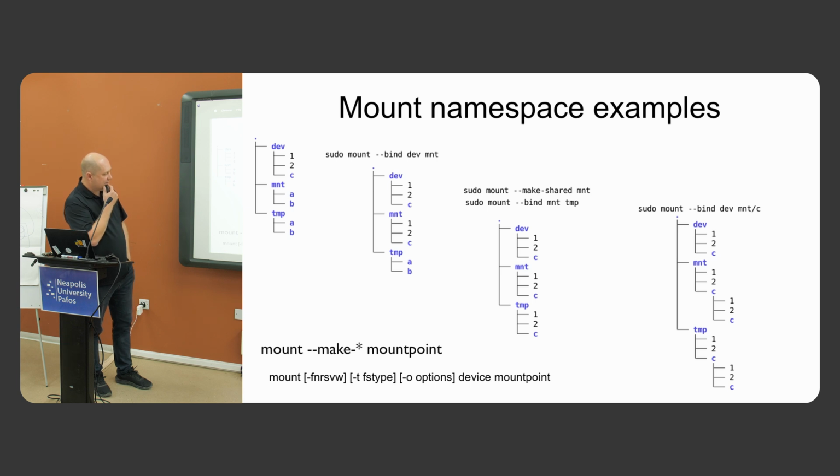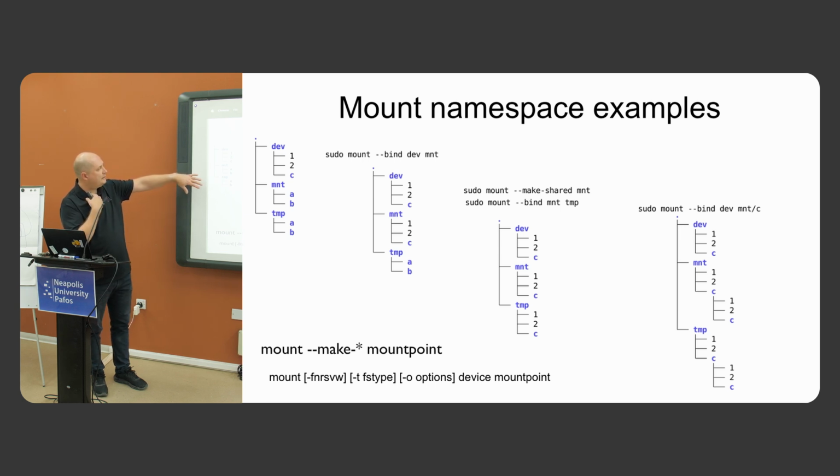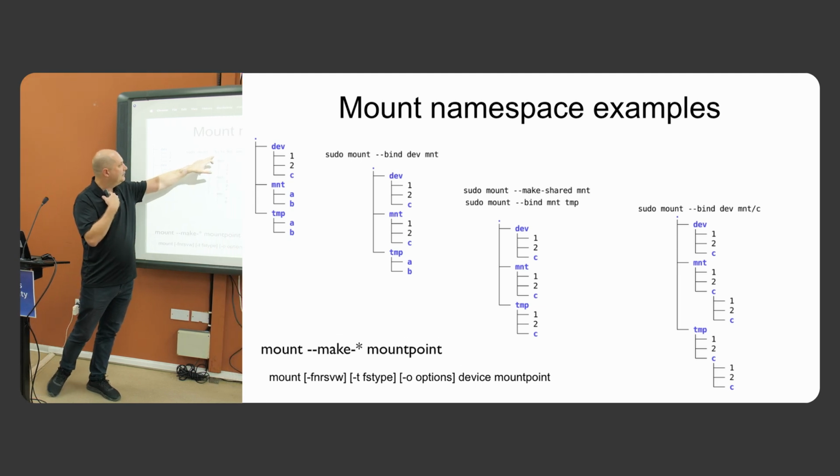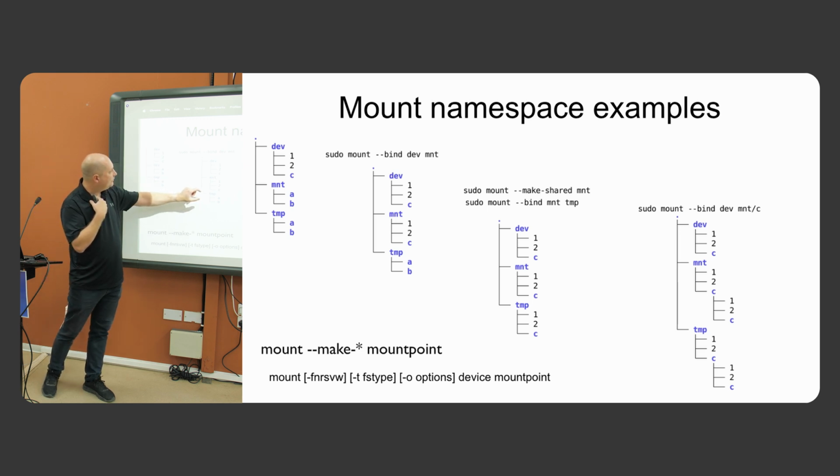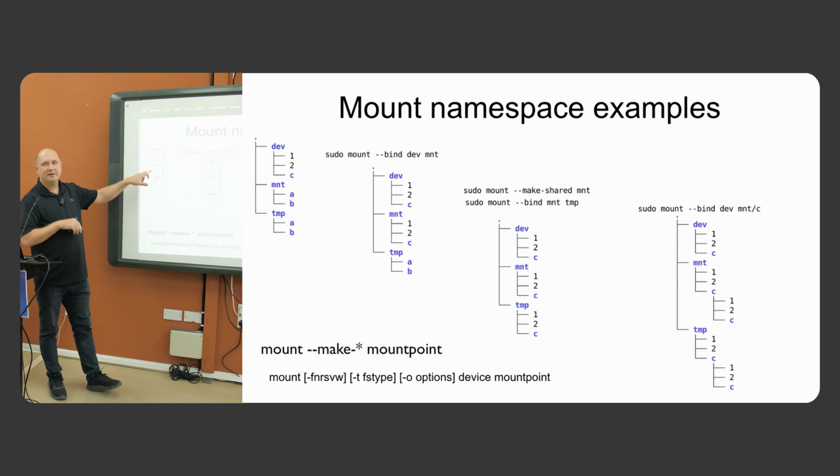This is a couple of examples. So imagine we have this file system at the beginning. This is the initial state. If you mount def to mnt, we will move def to here, right? You see this. We kind of shadow the underlying file system.